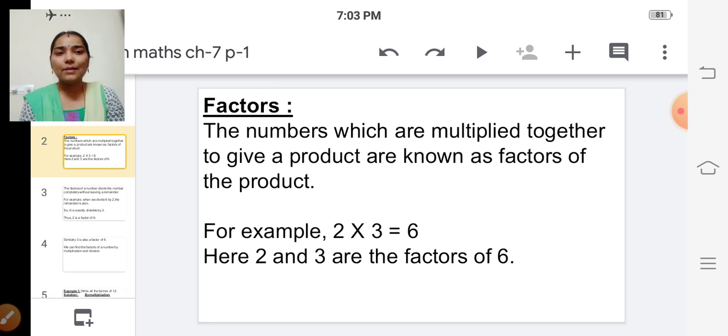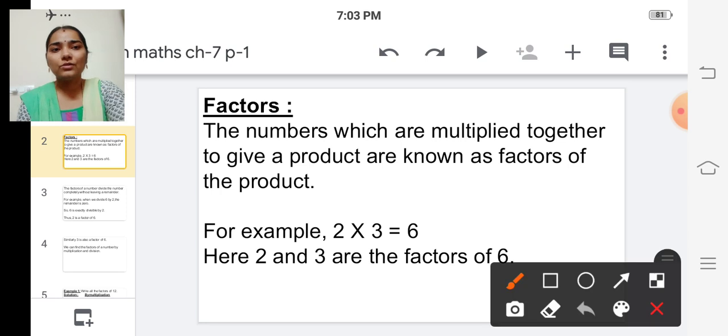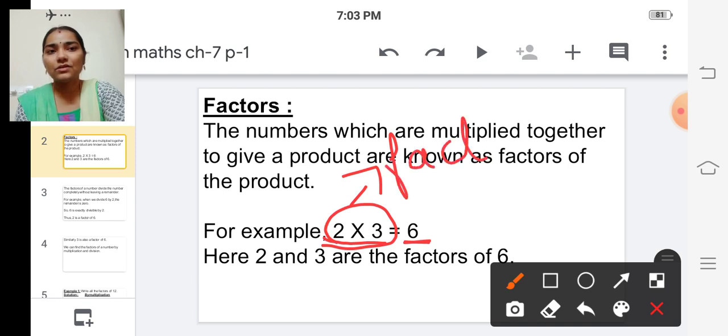For example, 2 into 3 is equal to 6. So 2 3s are 6, isn't it? This is the multiplication. These two numbers are multiplied together to give a product, so these two numbers are factors of this product.